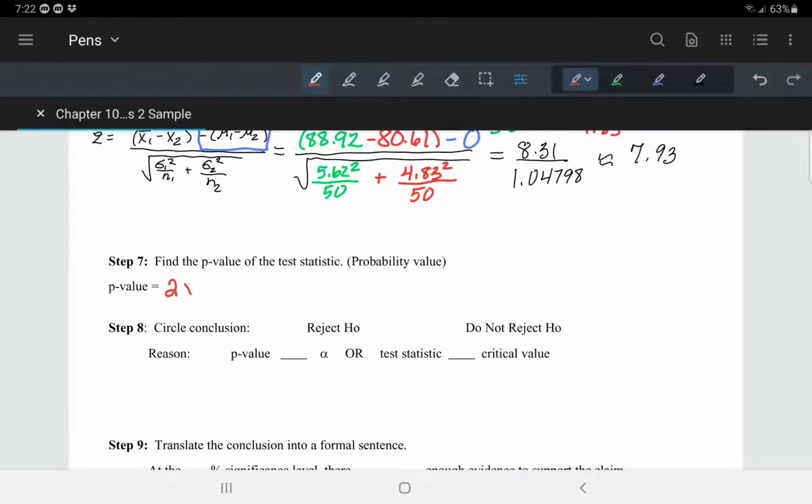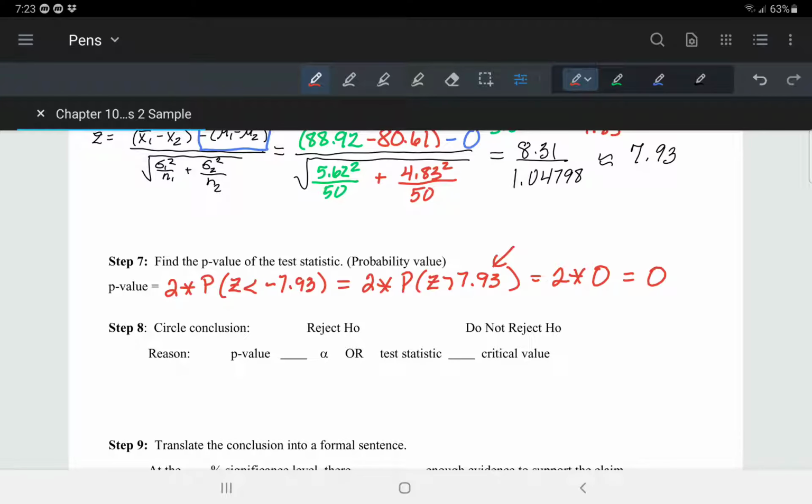So we either need to take 2 times the probability that z is less than negative 7.93, or we could calculate the probability of the upper tail, z being greater than 7.93. These are going to be the same by symmetry. And when you do this, the probability is effectively 0. And so the p-value associated with this test is 0. And that will allow us to make the conclusion.